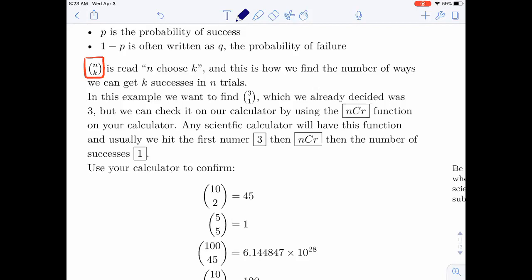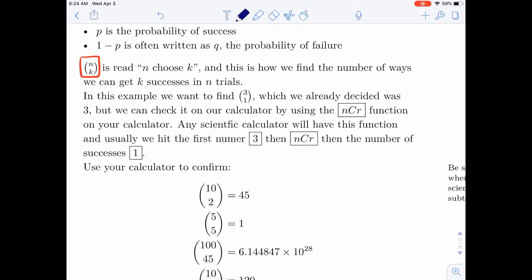You guys got it? So we'll do a couple of examples just to make sure that you have the choose function down. For this calculator, you do the first number and then you hit the nCr button.